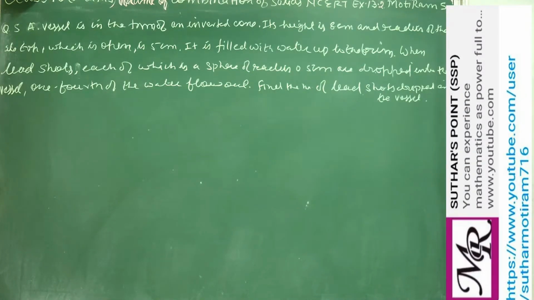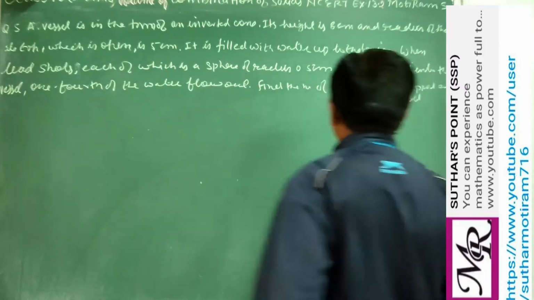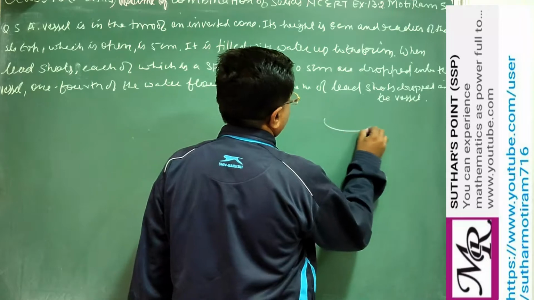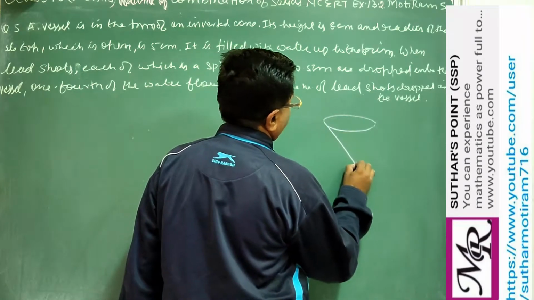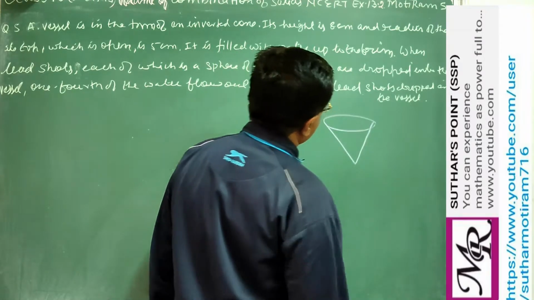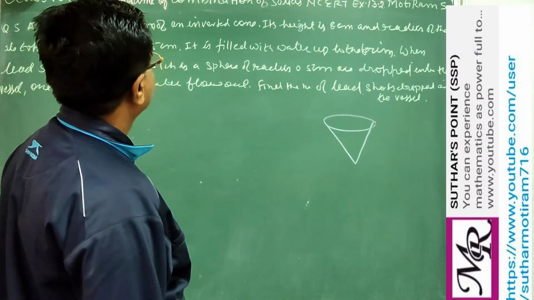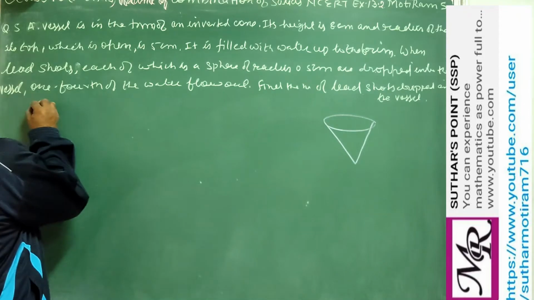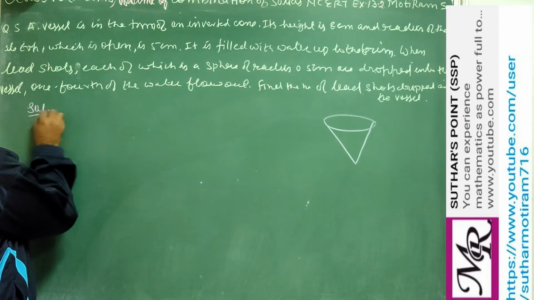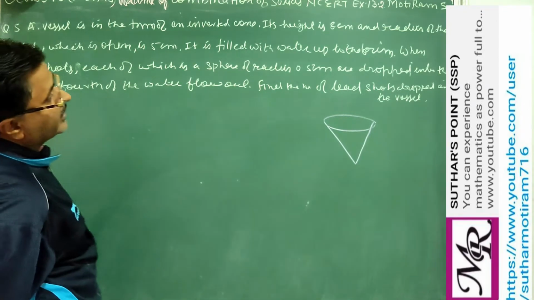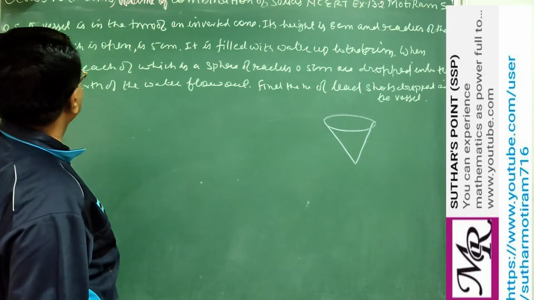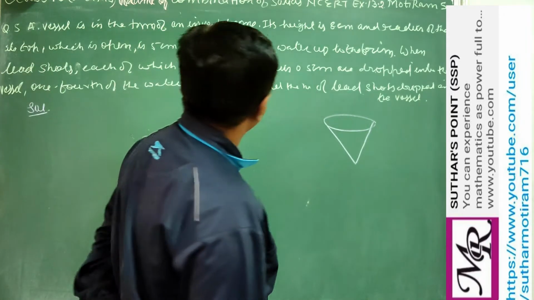Question number 5. A vessel is in the form of an inverted cone. So we are given a vessel which is in the form of an inverted cone. Its height is 8 centimeter, and the radius of its top which is open is 5 centimeter.